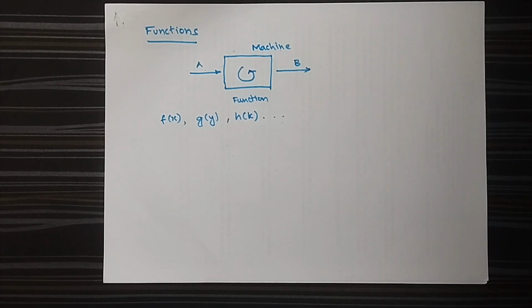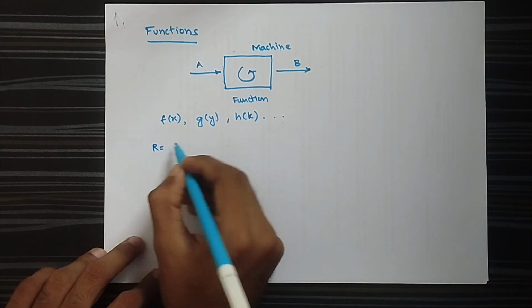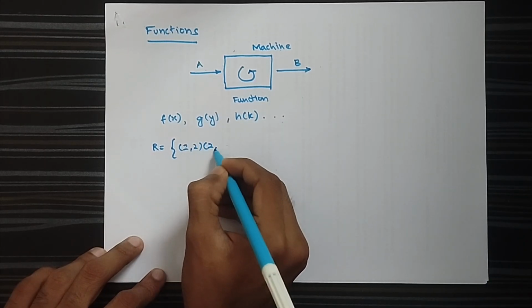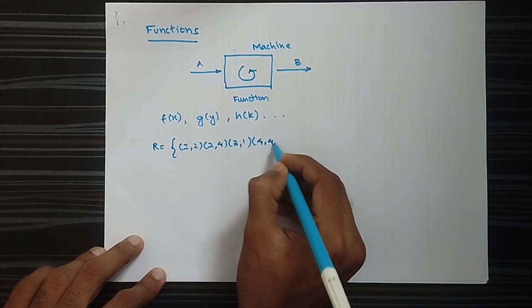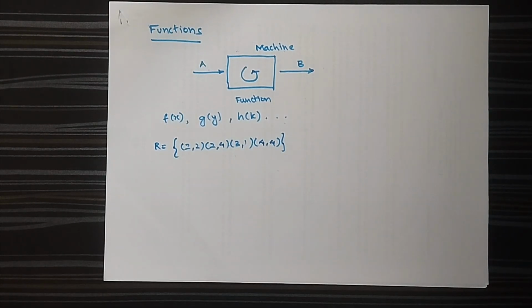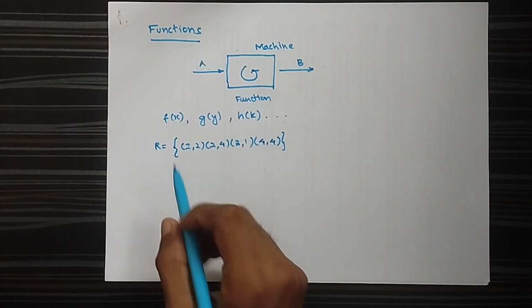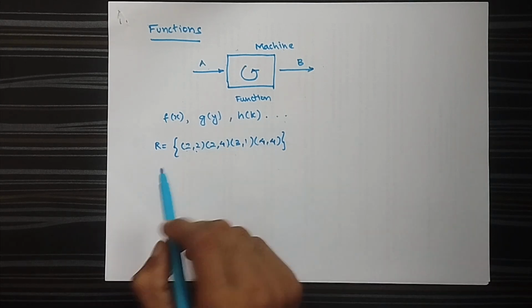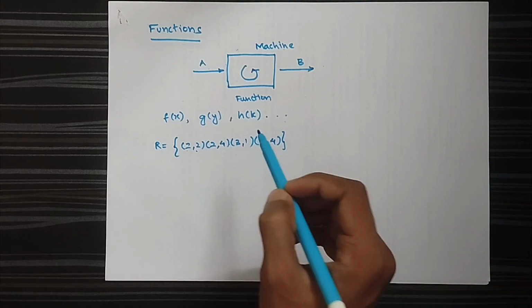Now as we know, we have learnt relations. What is a relation? For example, I'll give you an example of a relation: (2,2), (2,4), (3,1), (4,4). So here there is a relation of 4 ordered pairs. As we can see, in the first ordered pair the input is 2, output is 2. Second input is 2 but output changes to 4.